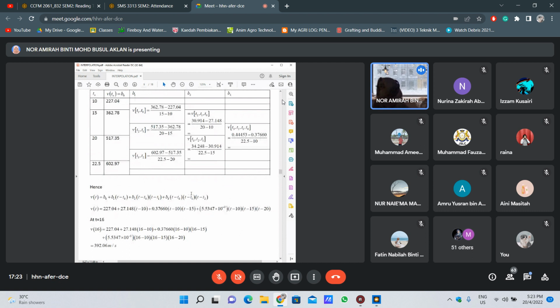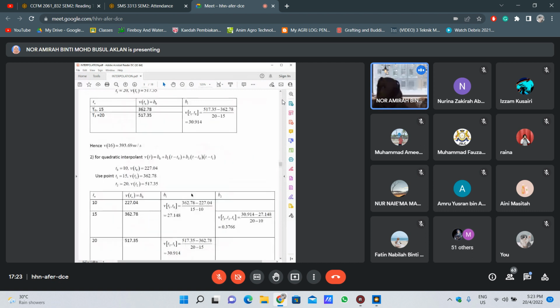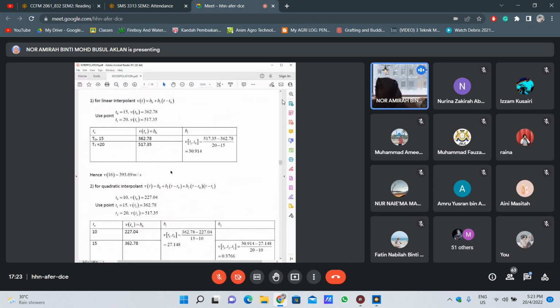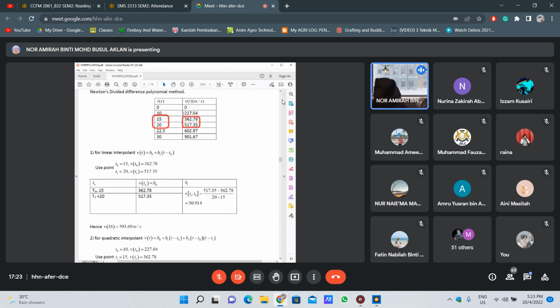Okay, lupa nak cakap tadi. So awak tanya kenapa, macam mana kita nak tahu betul ke tak dia tu T16. So you know that the value of velocity mestilah makin naik. Bila T sama dengan 10 saat, 15 saat, 20 saat, awak tengok tak dia punya pattern velocity semakin increase, betul tak?